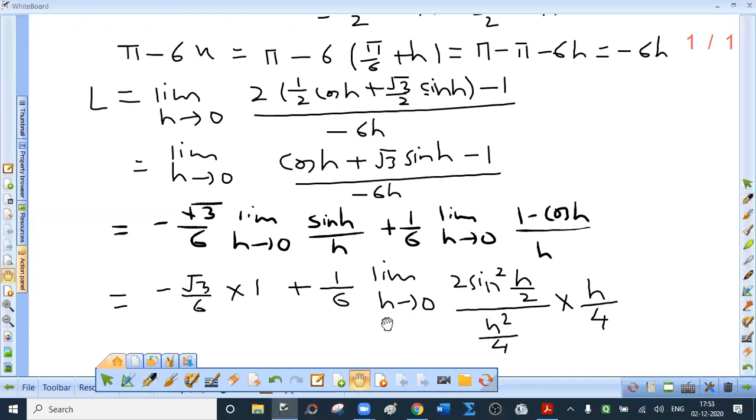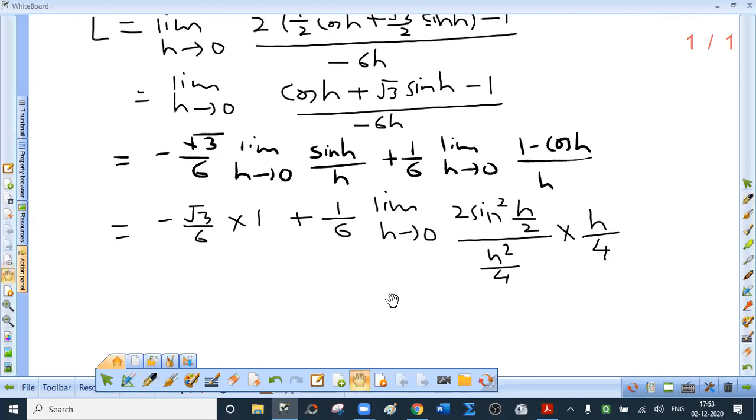That is very important. So in the next step, I will say this is minus root 3 upon 6, plus 1 upon 6. Now the constant part is what? Basically 1 upon 6 into, I will say, 2 by 4. Is this correct? 2 by 4, that is half. Yes. Next part is important.